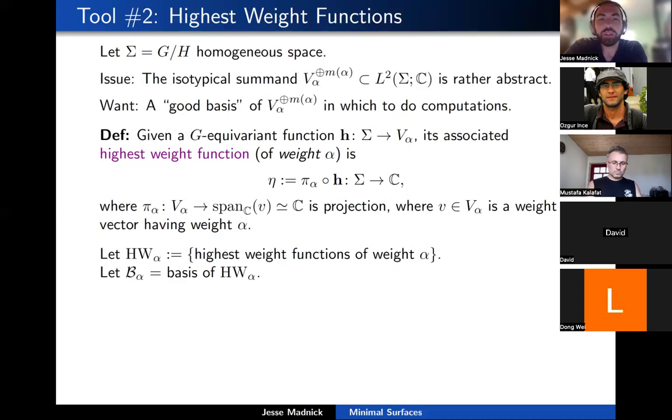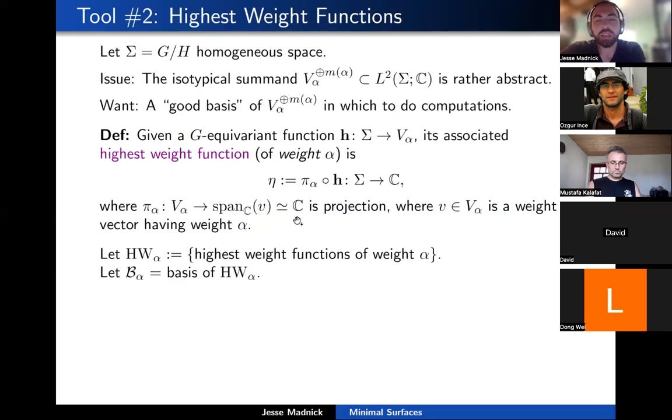And I'm generally going to use Greek letters to denote these things. What you do is you take H, which goes to this vector space, this could be like R20 or something. And then you compose H with the projection onto a particular complex line. And then you identify that complex line with C. Obviously that depends on the identification you pick, but that ends up being immaterial.